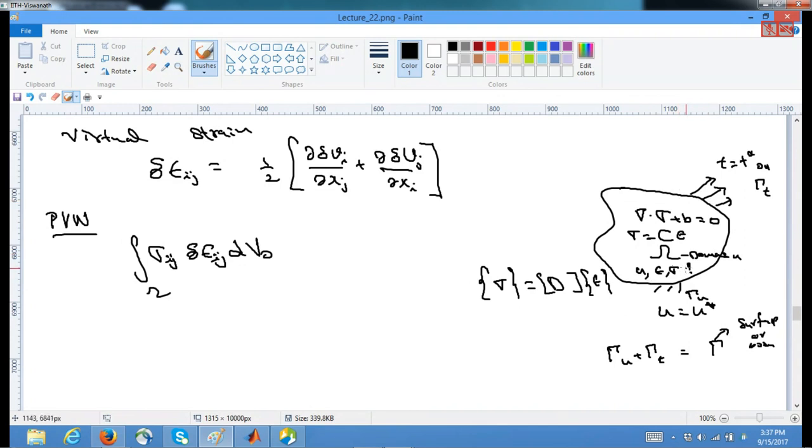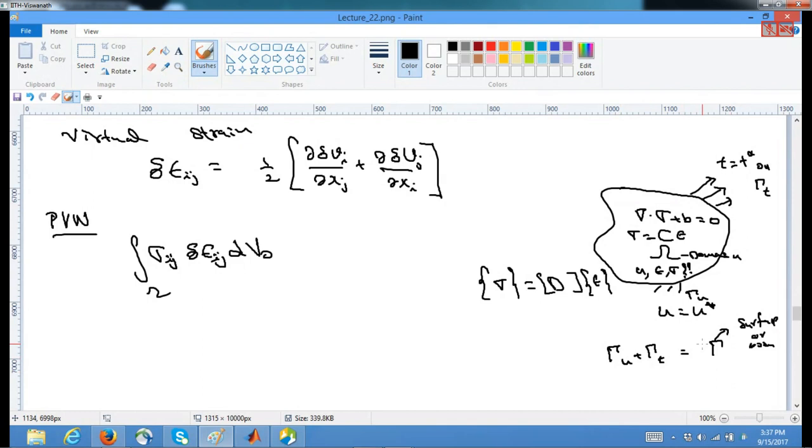So this is our question. The question for us is, what are u, epsilon, and sigma within the structure, provided it has this constraint and that constraint.